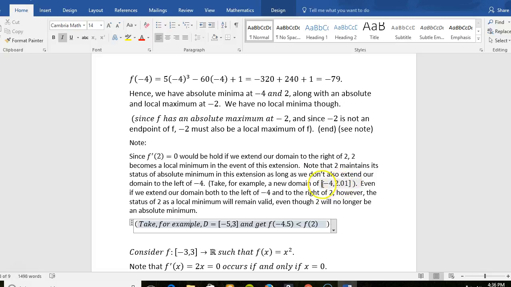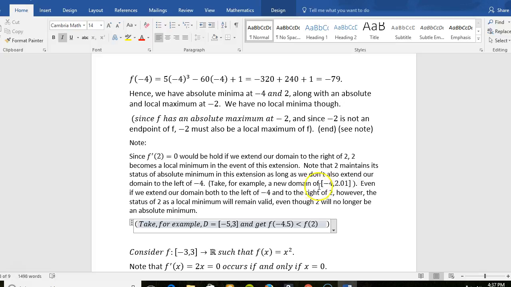As long as the left endpoint is -4, we're golden. x equals 2 is both the location of your absolute and your local minimum.